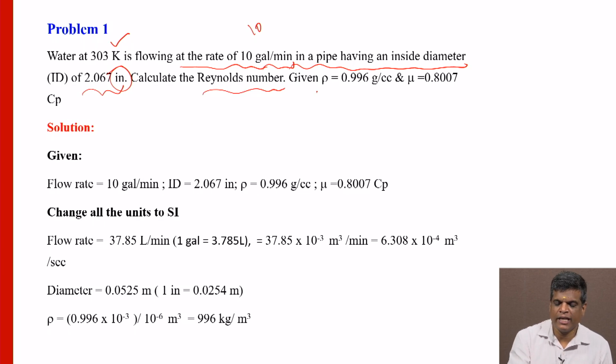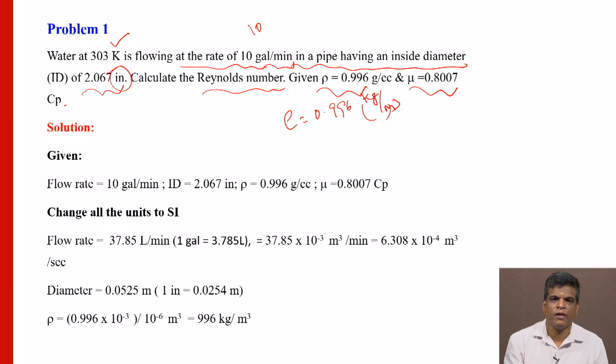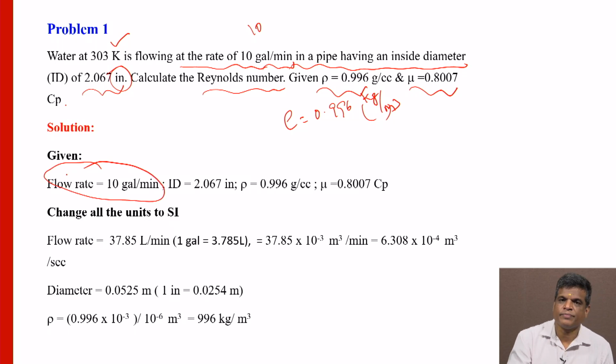The density is given as 0.996 gram per cc, which you can convert to kg per meter cube. The viscosity is in centipoise. First you have to convert the flow rate into our own SI units, which will be easy to solve.